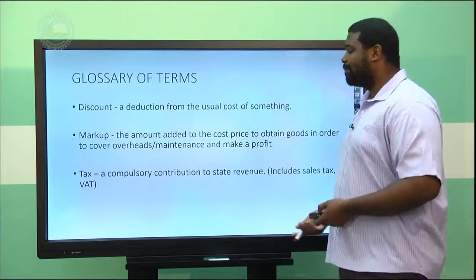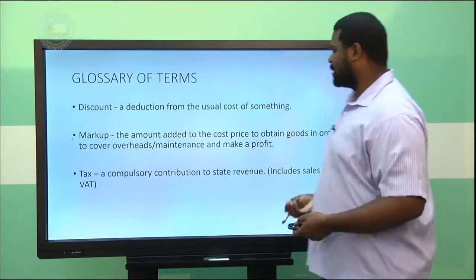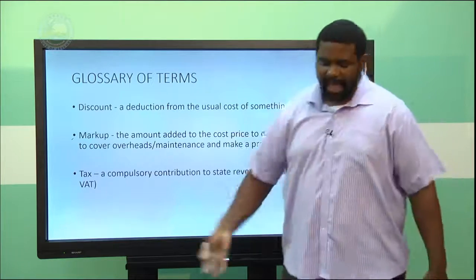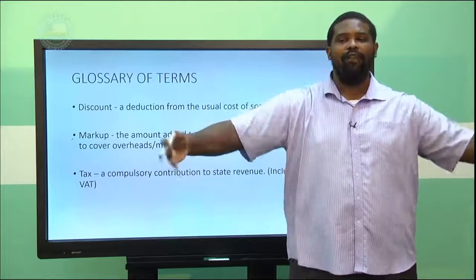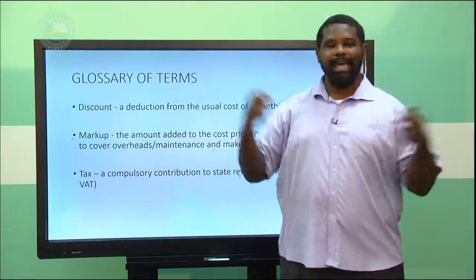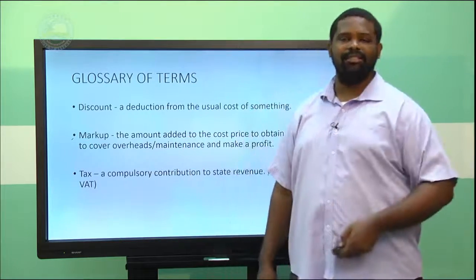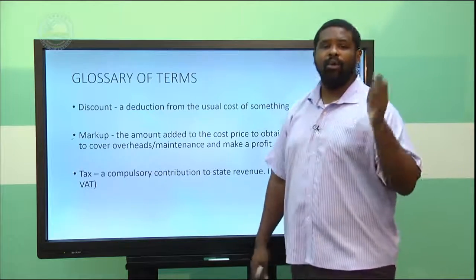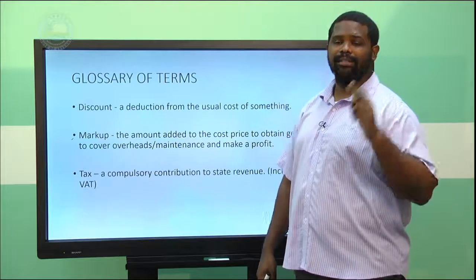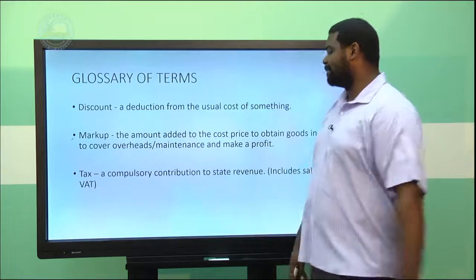So when we talk about markup, this is more specific for business people, where you obtain the item, see what all your overhead costs are, and then based on all of that, set a price so that you will be able to get the profit when the time comes for you to sell the item.